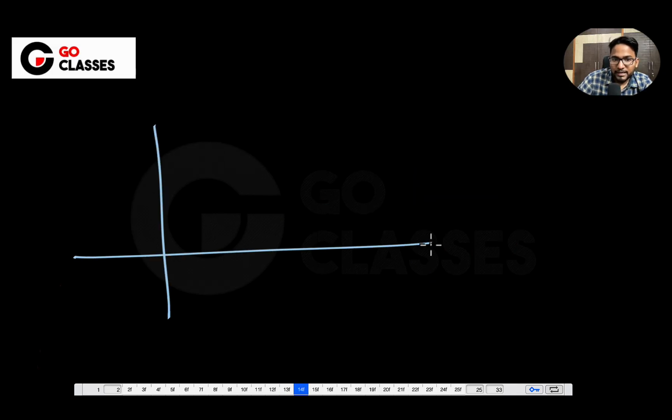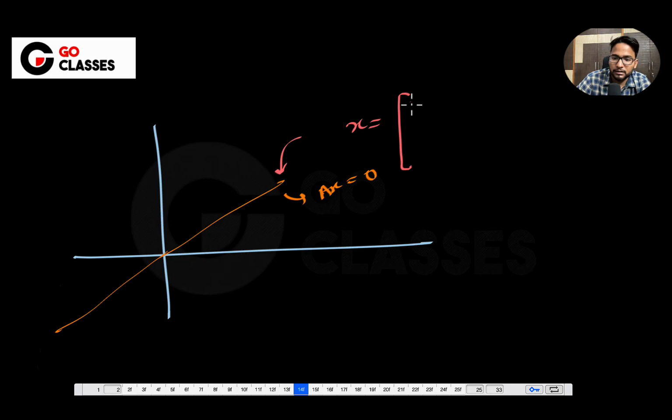See, ax equal to 0 could be some hyperplane, something like this. This is ax equal to 0. And all the set of x which satisfy it can be represented, let's suppose, by something like this: s plus t, minus s minus 4t, with s and t free, right? All the set of x which satisfy this equation are represented like this.